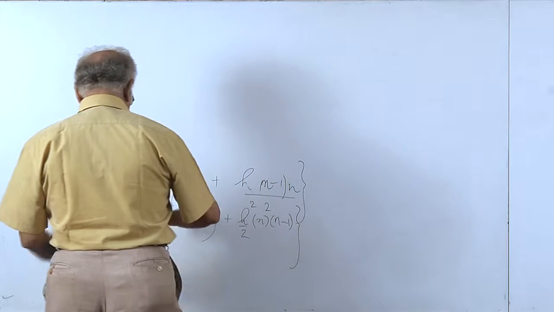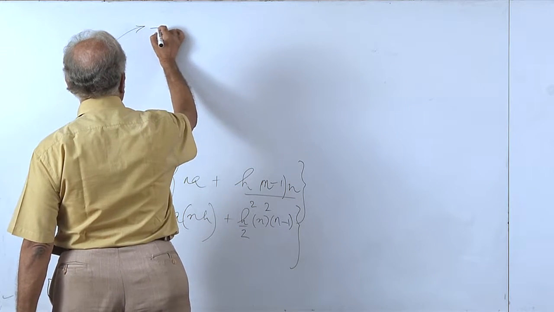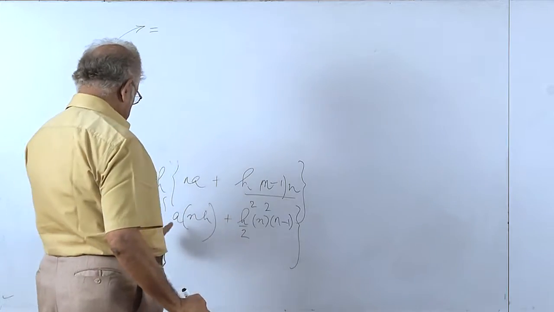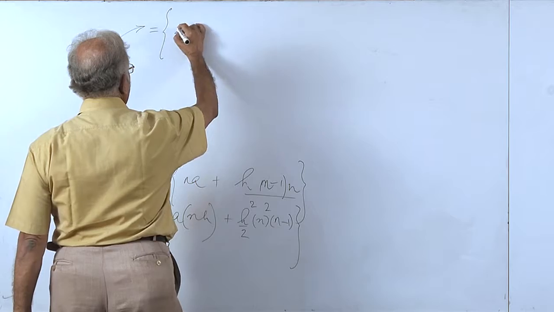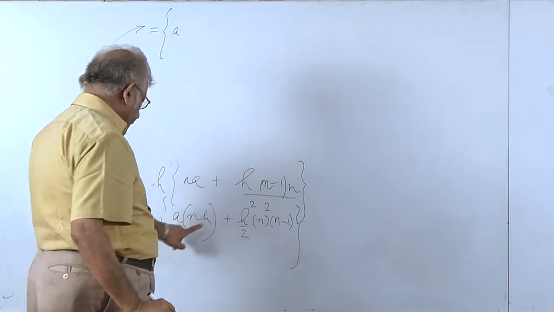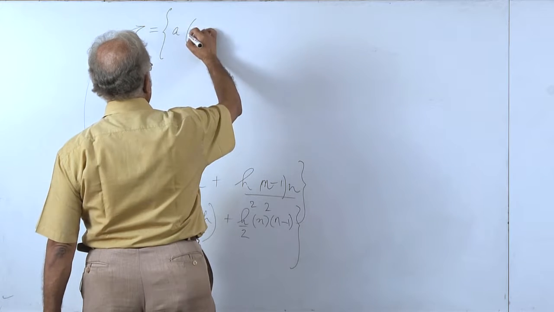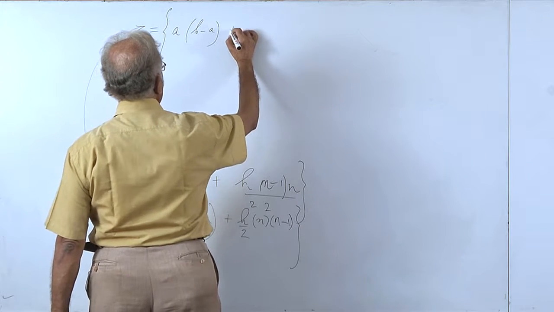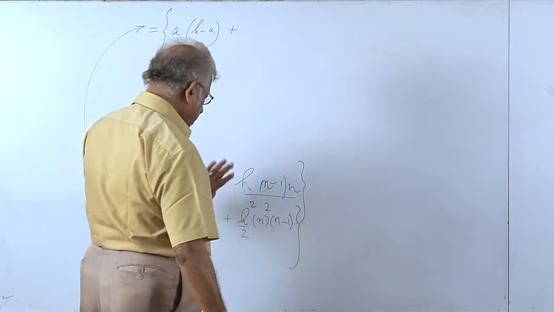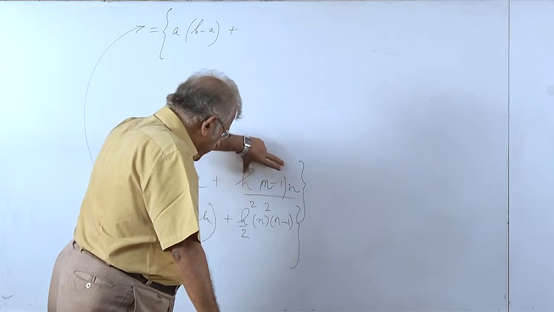Now, we will take this up here and write this as being equal to bracket a. We recall that nh is b minus a. So we just replace nh by b minus a. Plus, here we have h squared term. This 2 is part of this expression.